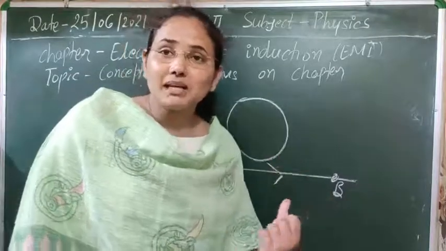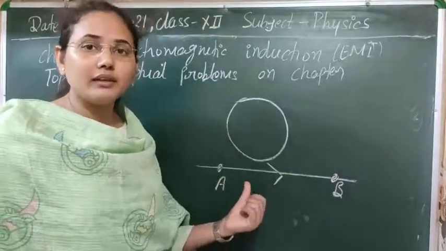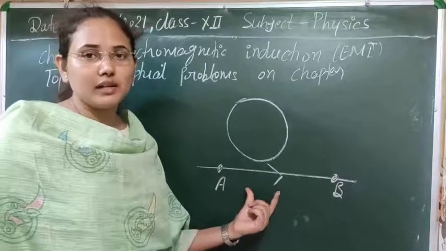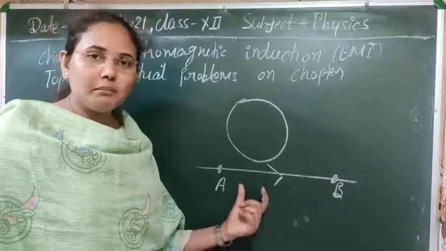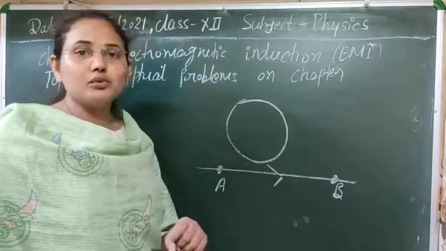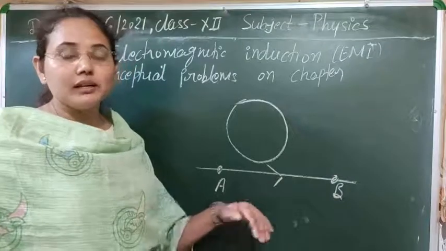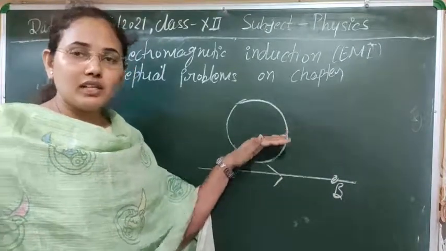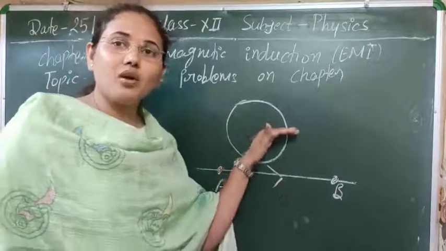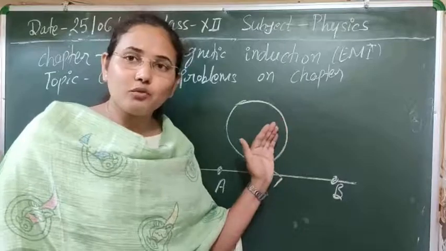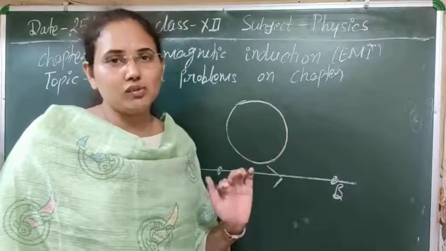As the magnetic field is changing continuously, it will change the magnetic flux associated with it. So due to the change in magnetic flux, according to Faraday's concept, induced EMF will be produced here, and the change in magnetic flux will also generate electromagnetic induction, like we have seen for the mutual induction case.